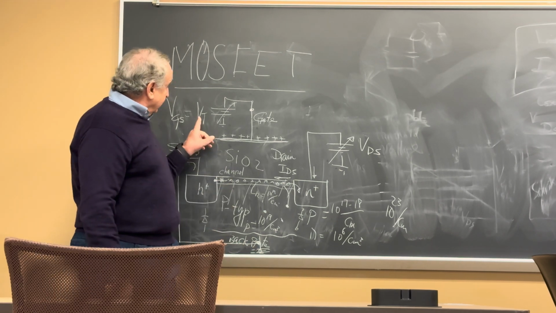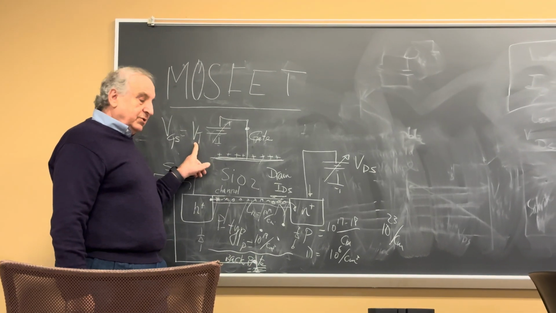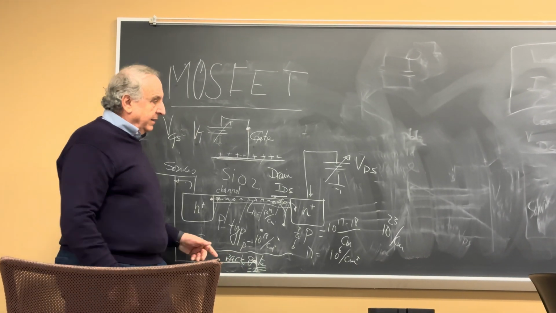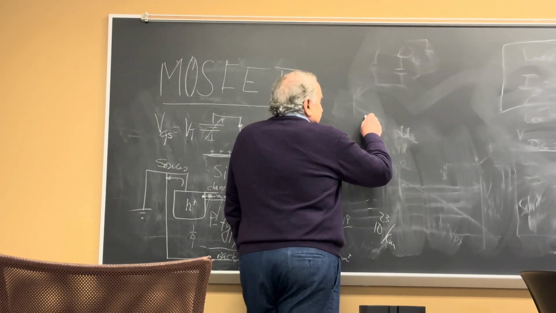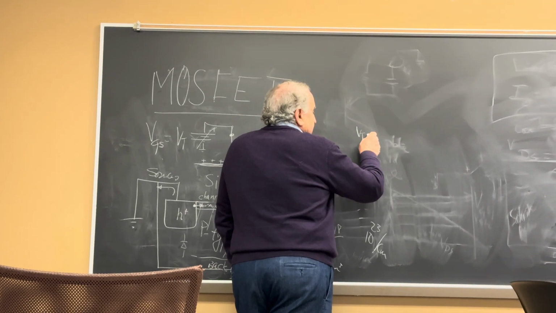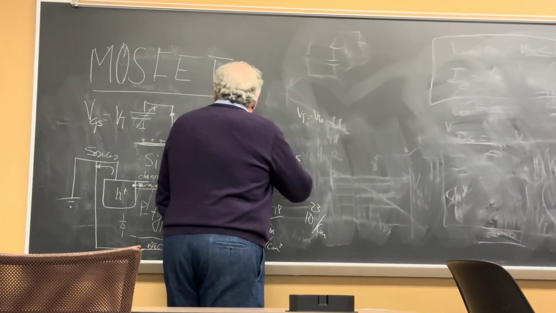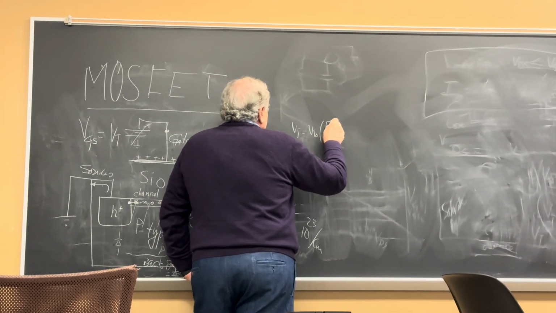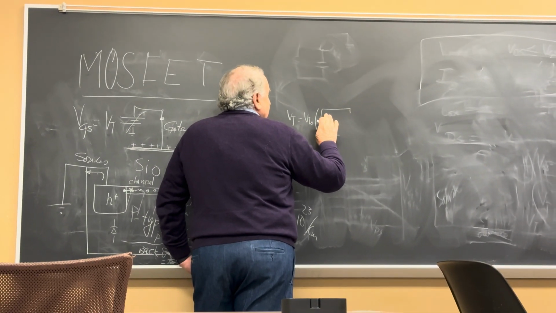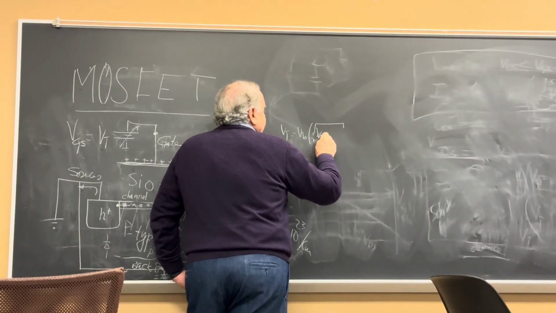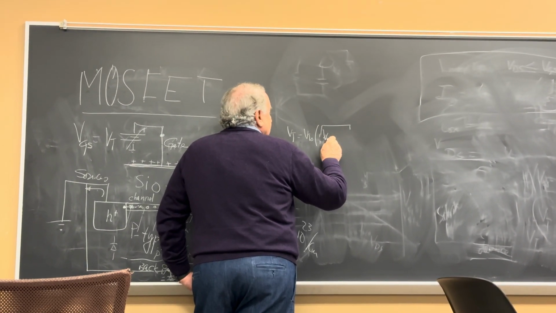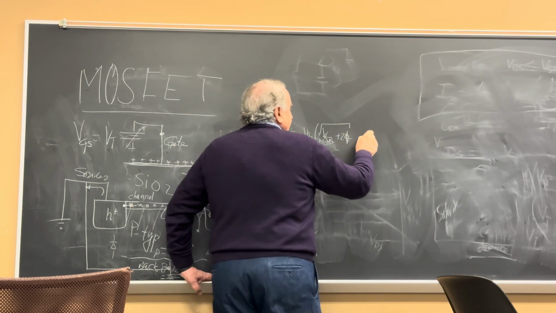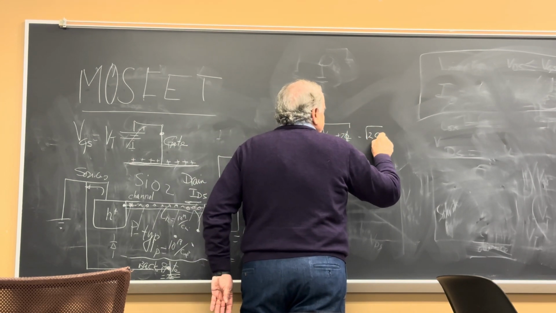But the threshold voltage is a function of the back gate. VT is equal to VT0 times the square root of 2 phi f plus V source to back gate, minus the square root of 2 phi f.